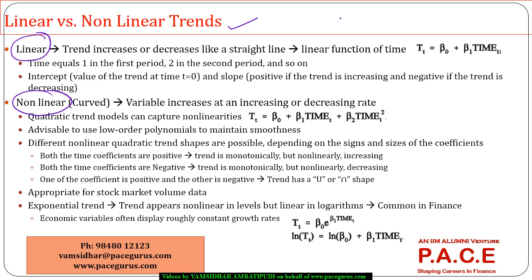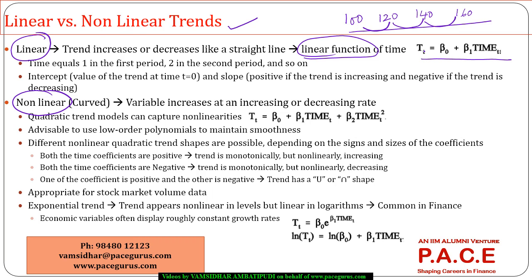So if I'm talking about the price, typically 100, 120, the next period 140, approximately around that, 160. So there is a kind of linear increase. The change between the two time periods is more or less constant. So here this is a linear function of time.